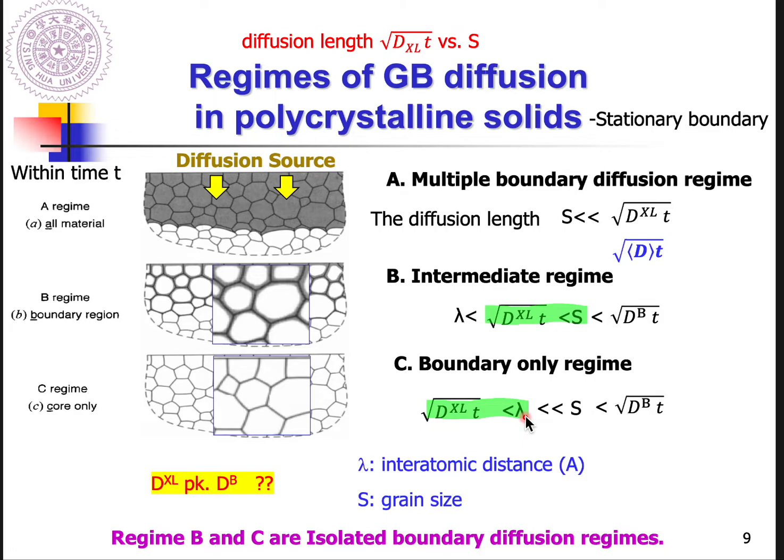So you can observe that in region B, the diffusing atoms did diffuse inside the grain, but in region C, the diffusing atoms only diffuse a little into the grain. Both these cases assume a stationary boundary, meaning the grain boundary doesn't move during the diffusion process.